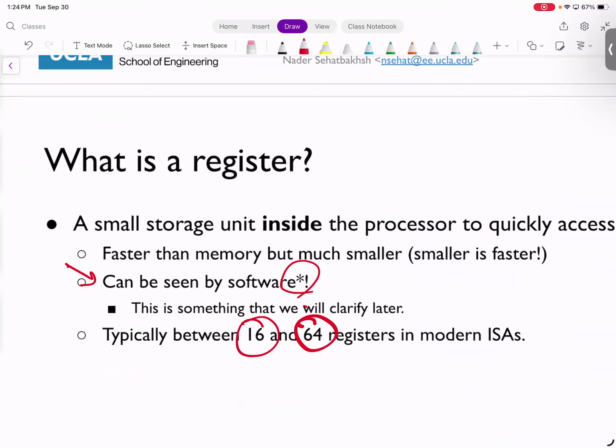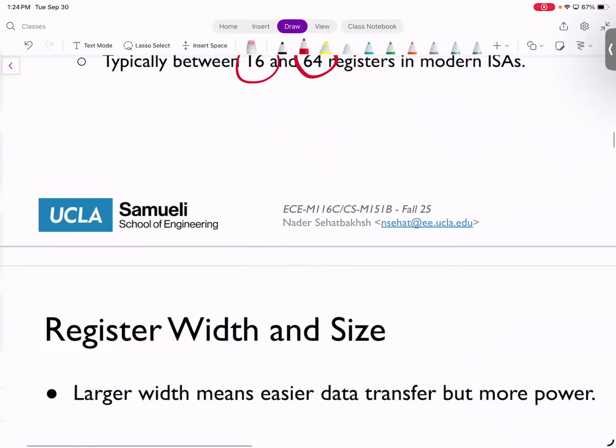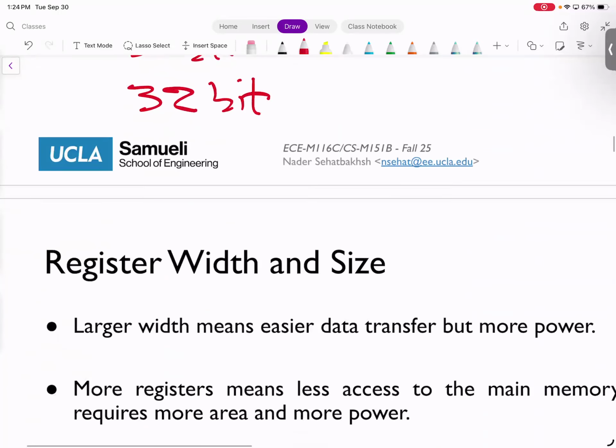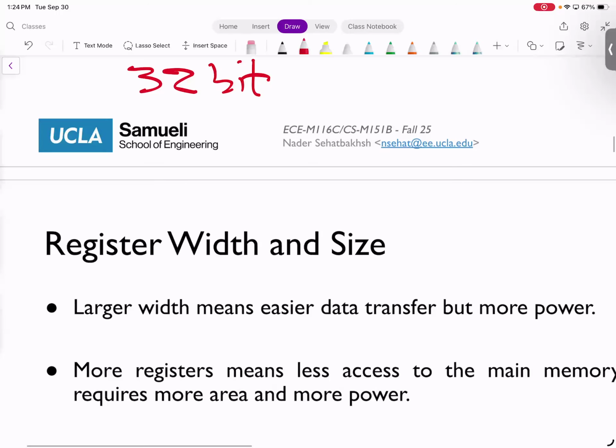I see one register and I have an internal mapping that assigns it to various different registers. That way I can increase the number of registers. Later, you're going to see that. We're going to spend quite some time on that. Questions? For now, just assume that there are literally 32 registers implemented in hardware, which can be seen by software. Later, we're going to change that assumption. Okay?